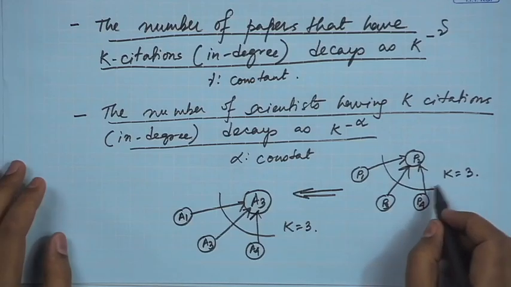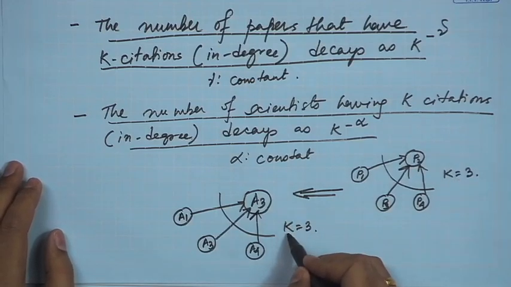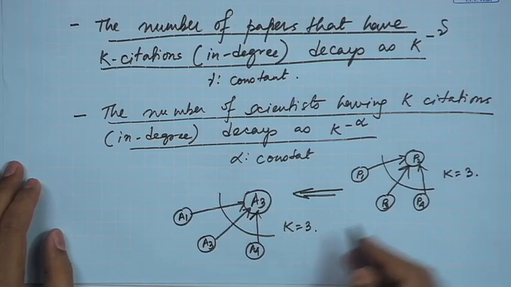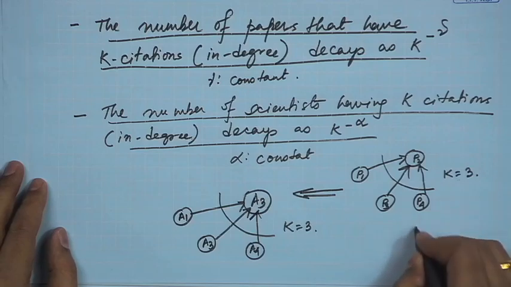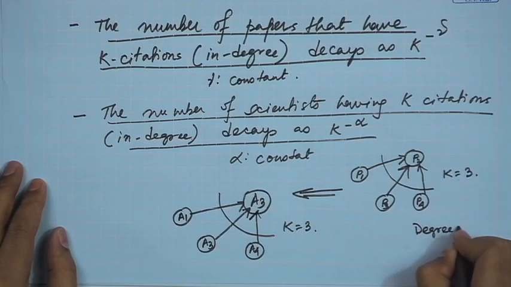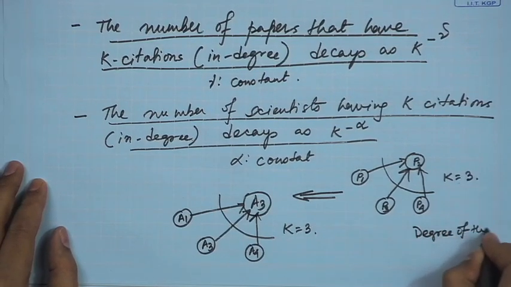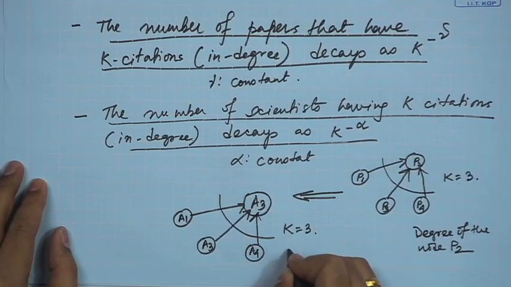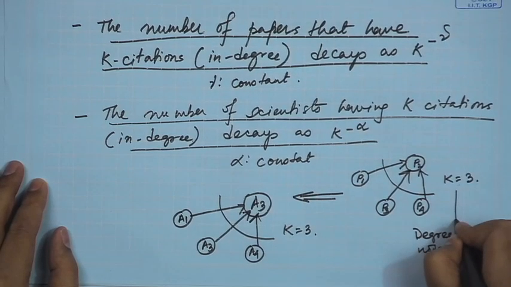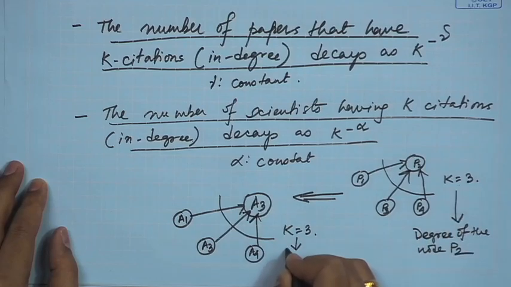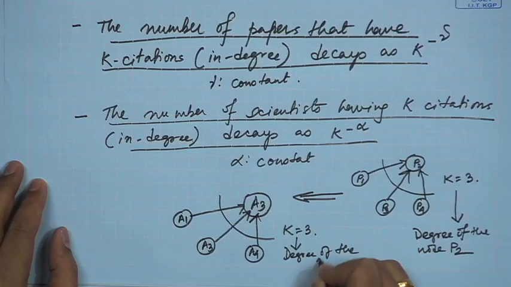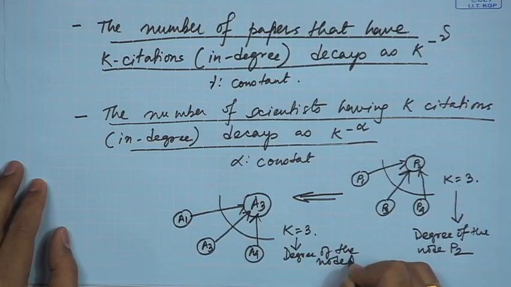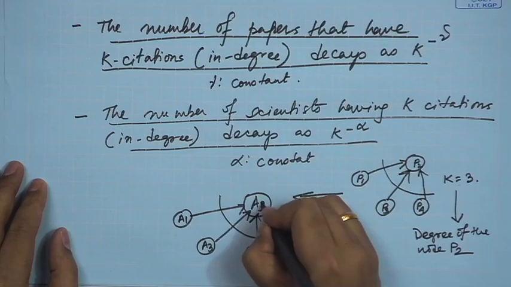As you see here k is 3, here again k is 3. This is nothing but the degree of the node P2. Here this k is nothing but the degree of the node A2.